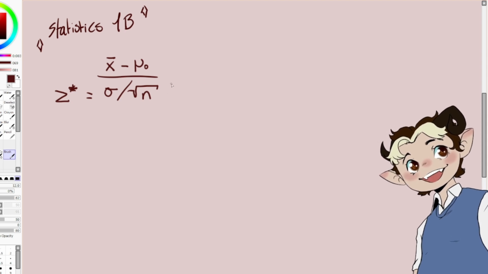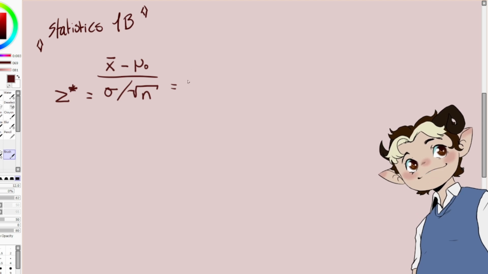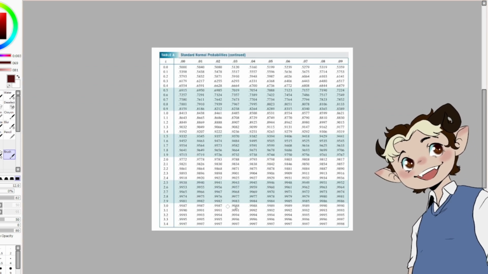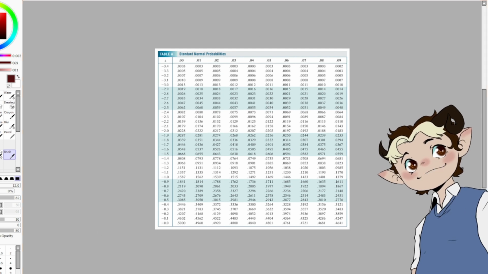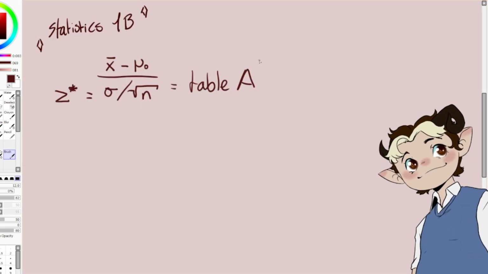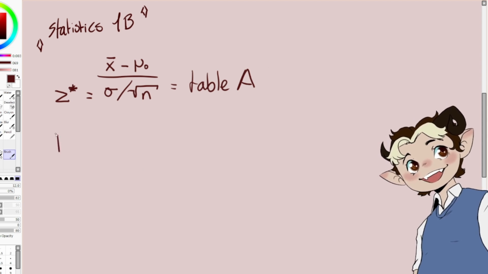And the result we get out of that, we look up in our table A, which is given during the exam. You can just look it up in here. I'm going to walk you through it with examples and everything, so don't worry. But you look that up. Whatever you get out of that table A is now your p-score.